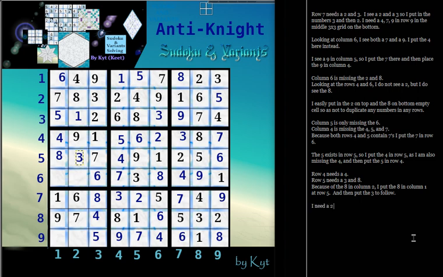I need a 2 and 5 in row 6. I see a 5 in column 1.